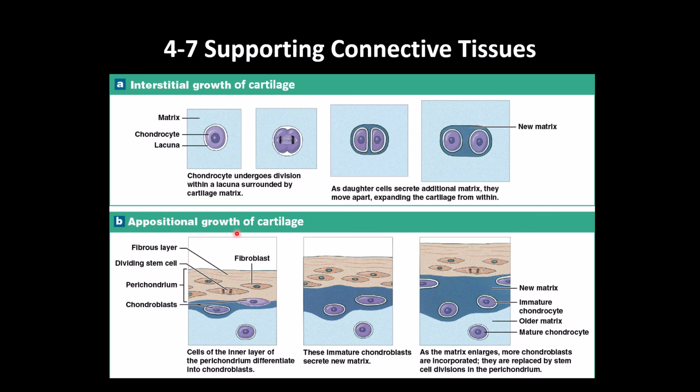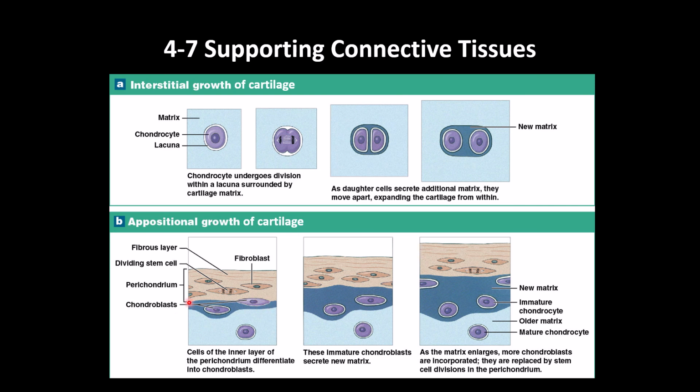But in appositional growth, here you can see this is the perichondrium. This is the fibrous layer, and this is the cellular layer. In the cellular layer, you have the stem cells. The stem cells divide, and then they make new chondroblasts. Chondroblasts are younger chondrocytes.